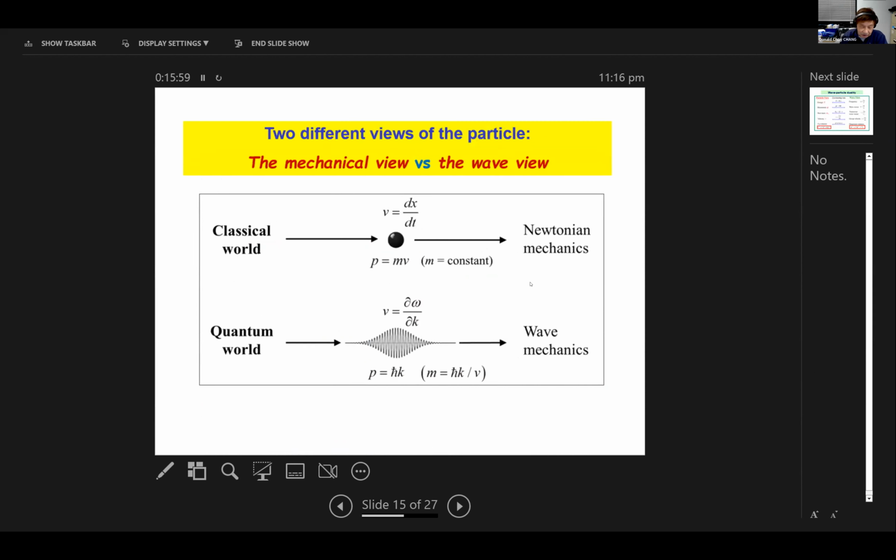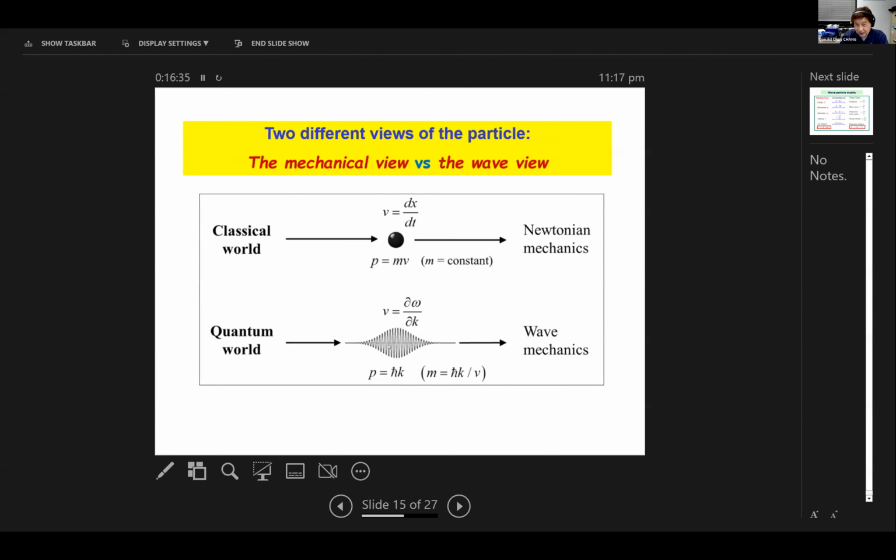To summarize, because my time is up: in physics now, there are two different views of the particle. The mechanical view and the wave view. Actually, I noticed from the chat that many people in this mini conference have some favorable feeling towards the wave view. So maybe we have more in common than difference. In the classical world, the particle is regarded as a point mass, and of course the physical law should be Newtonian mechanics.